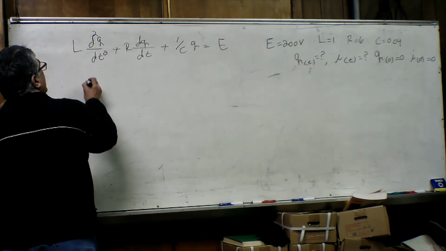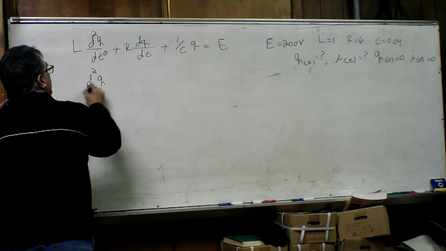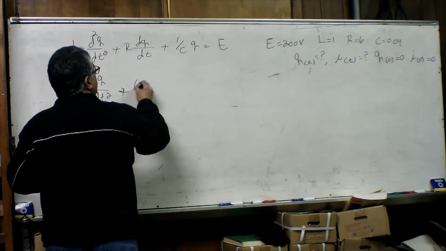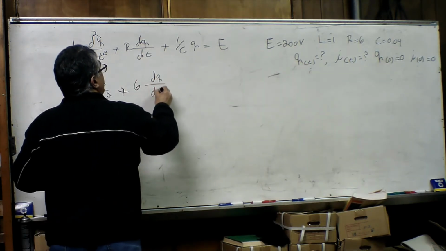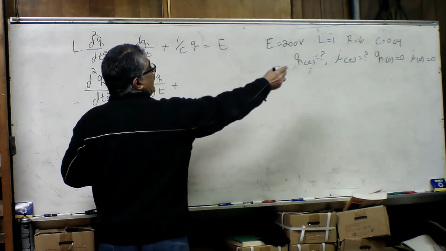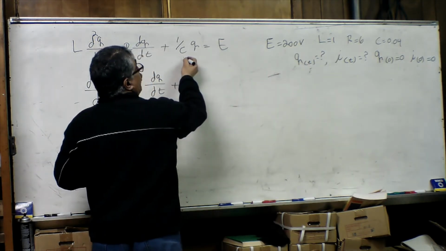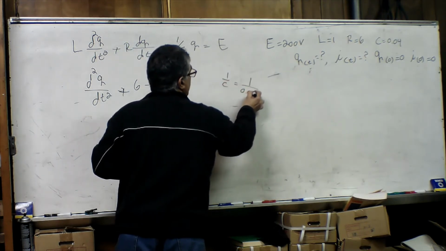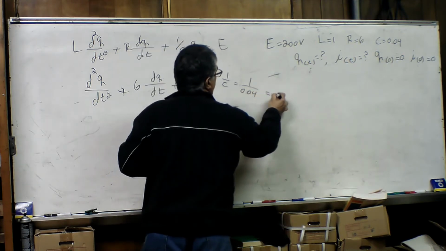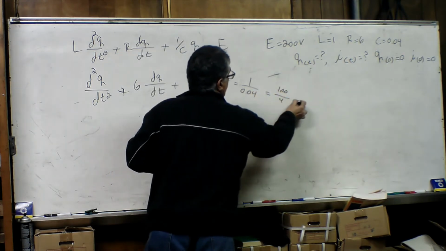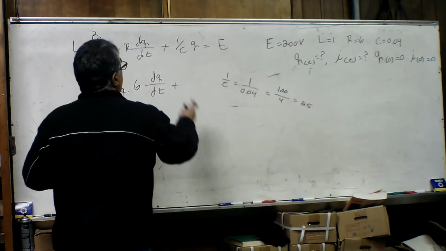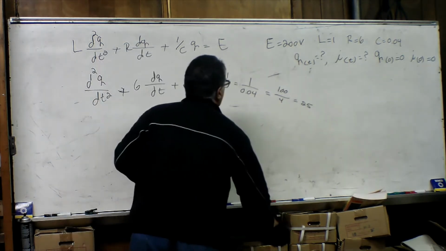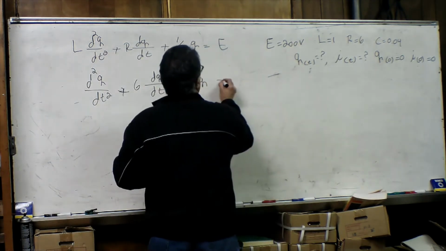L is 1, so we are going to have d squared q dt squared plus R is 6 dq dt plus C is 0.04, so 1 over C will be equal to 1 over 0.04, so this will be like 100 divided by 4, so it will be 25. So our 1 over C is 25, Q equal to 200 volts.